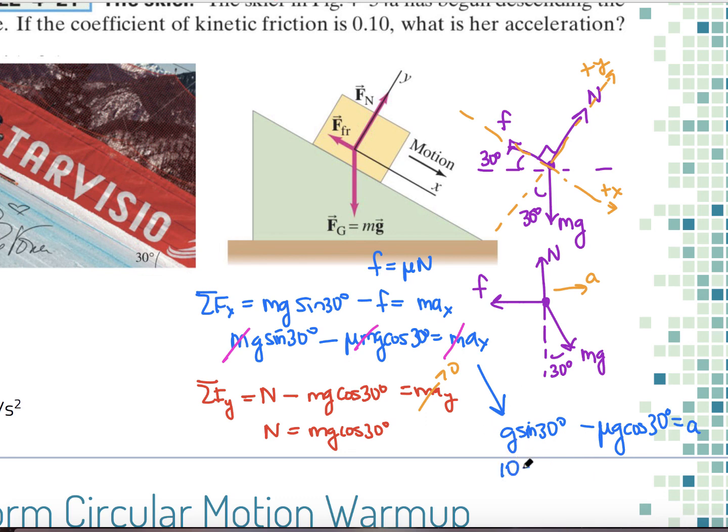So I have 10 sine of 30 minus my 0.1 times 10 cosine of 30 is equal to a. So a is equal to 4 meters per second squared. So not too terrible, but rotating axes really, really helps.